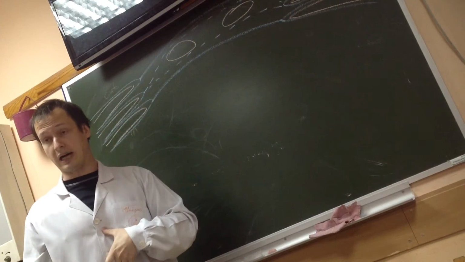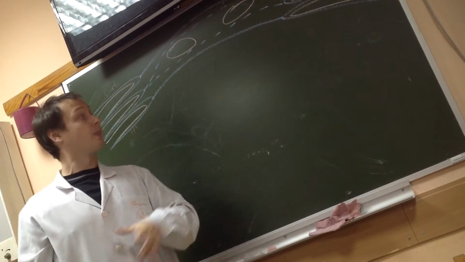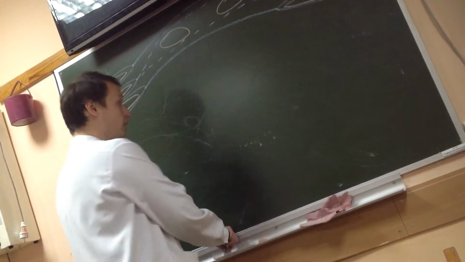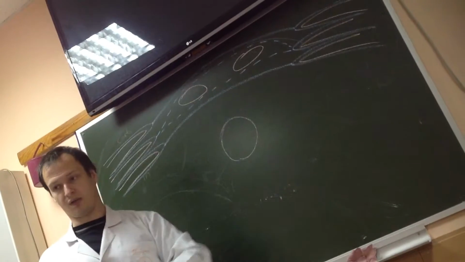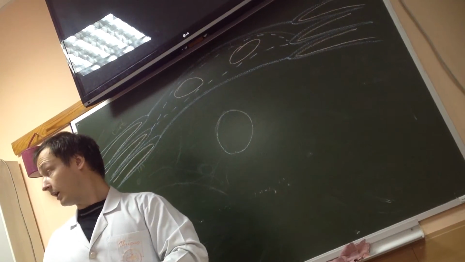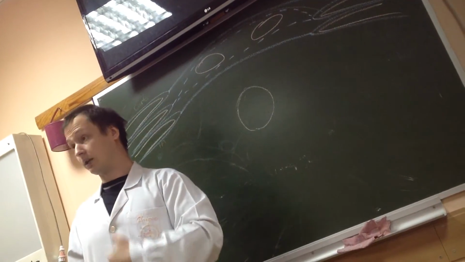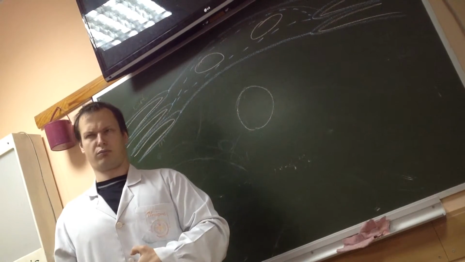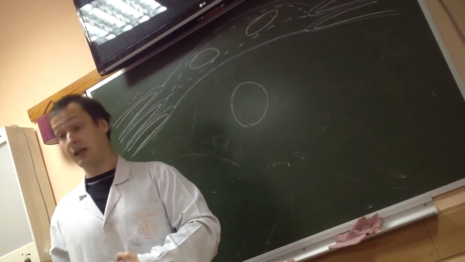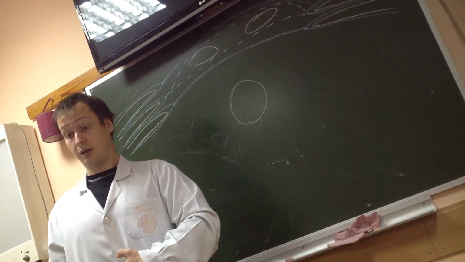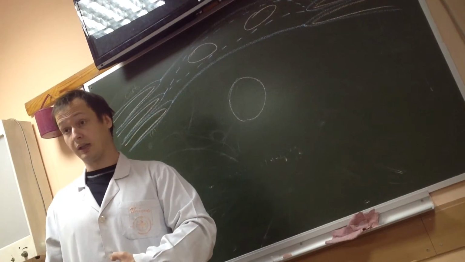If I start to cut the linea alba above the umbilical ring, I take the lancet and start to cut. What do I cut first? Skin, right? After that, adipose tissue under the skin.